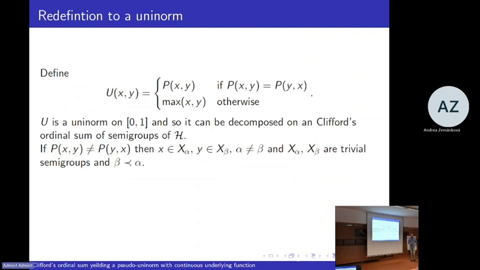Yet we know that if x and y do not commute, so we are here, then x and y are idempotent elements. They cannot be part of a nilpotent segment. They have to be in the trivial semigroup, and moreover, it is possible to show that those two semigroups succeed each other, so there are no other semigroups in the order between them.